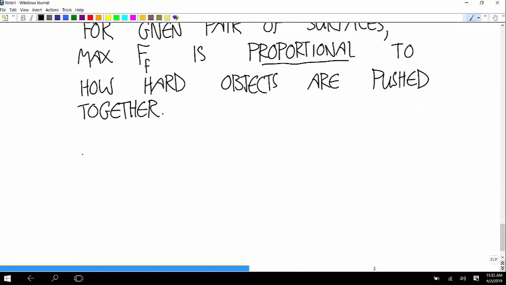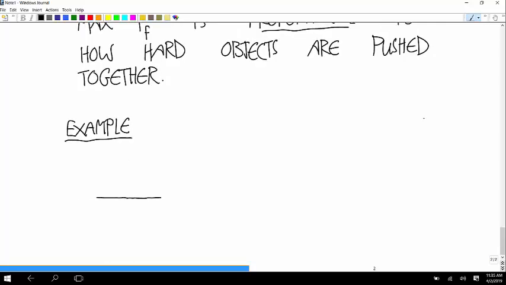Okay, so let me do an example. Let's say we have a box on a horizontal floor. Let's say the mass is 10 kilograms. It doesn't look horizontal, but it's supposed to be. Let's say that we're pushing down on it with a force of 20 newtons, and we're pushing to the right with a force of 40 newtons.